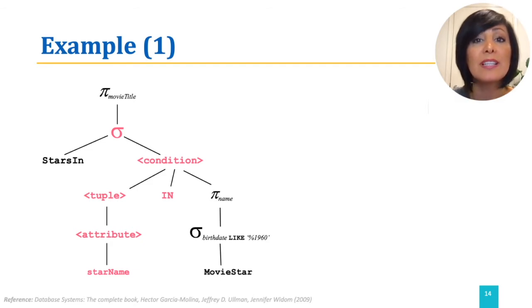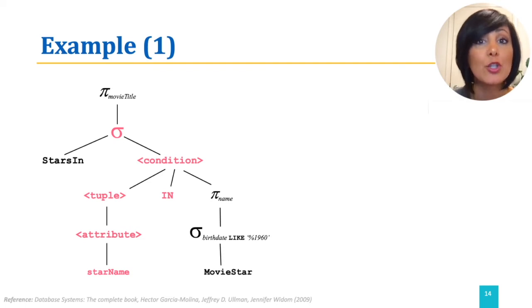However, we have written selection in another interim way that shows we are choosing the tuples from stars in and through the condition. Similar to the previous, this is not standard way of depicting array tree and just an interim. And we need to replace the highlighted parts to come up with the final array tree.